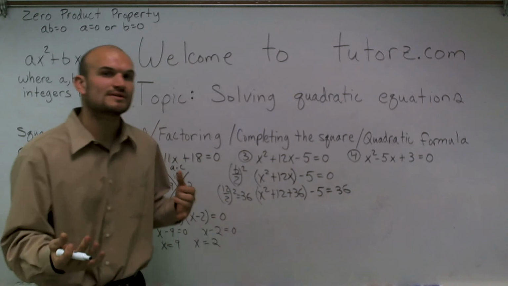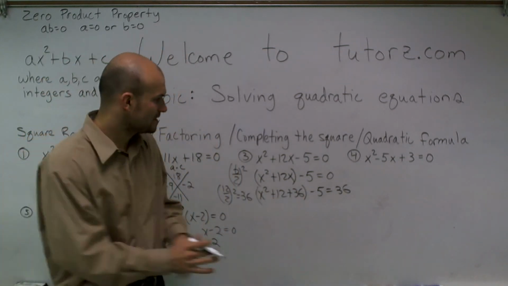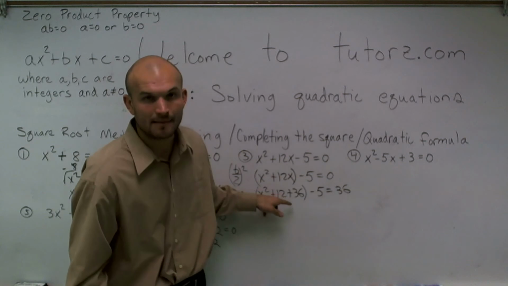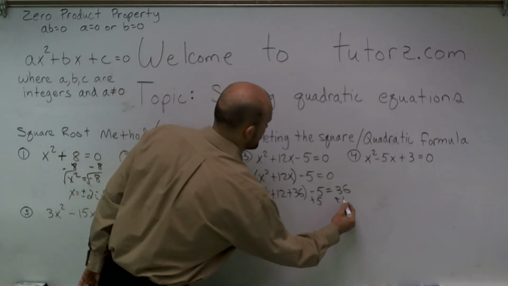Because remember, whenever we're dealing with equations, whatever you add on one side, you have to add on the other side. So I'm going to add 36 on both sides. Now I'll add the 5 to the other side.